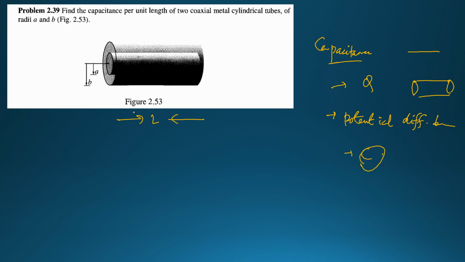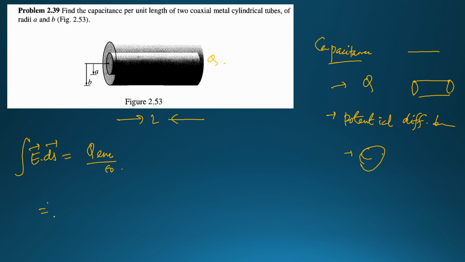If the charge on the inner surface is, for example, q, we know from Gauss's law that the integral of E dot ds is equal to q enclosed by epsilon naught.